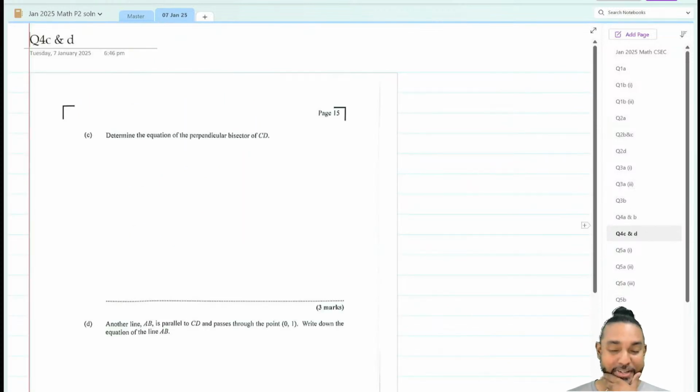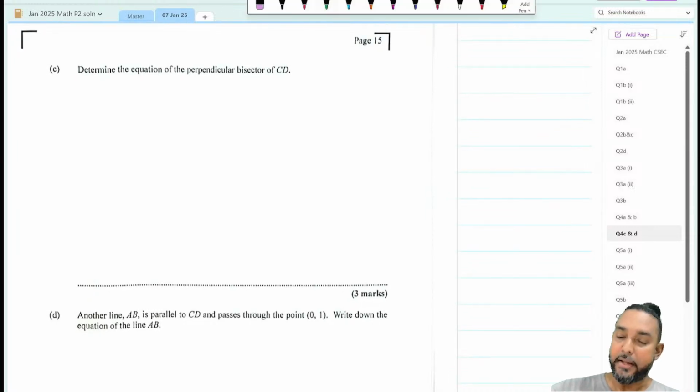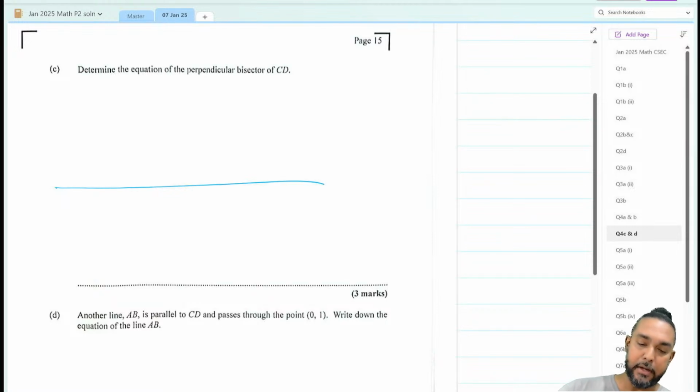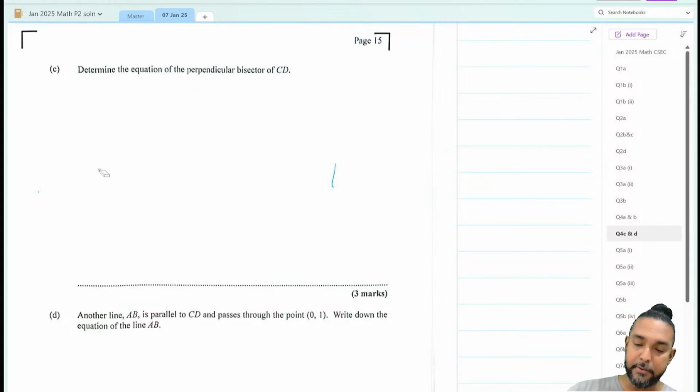Determine the equation of the perpendicular bisector of CD. If you have a line, let's say this is CD, and you have your midpoint, and there's another line that passes through the midpoint at a right angle, that is the perpendicular bisector of CD. It is a straight line, so it will have equation y equals mx plus c.